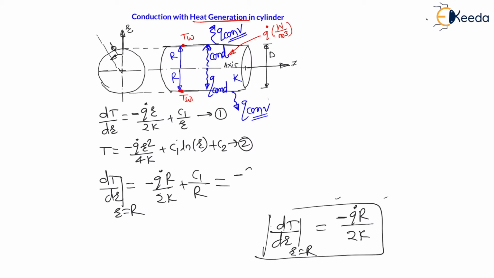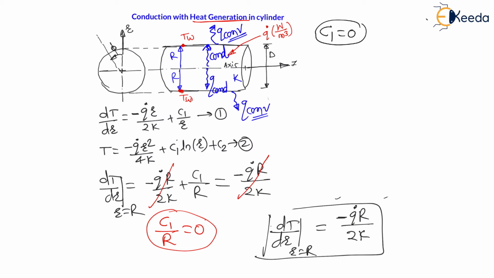Now, from both sides, minus q dot R divided by 2k will get cancelled. Therefore, we can say C1 divided by R is equal to 0. In this expression, the radius of the cylinder cannot be infinite. The radius of the cylinder will have a finite value. Therefore, C1 must be equal to 0 for this expression to be equal to 0. Therefore, the first integration constant C1 is equal to 0, right?